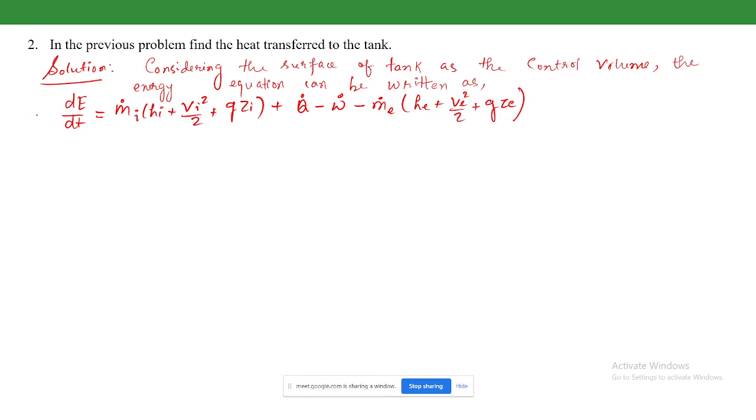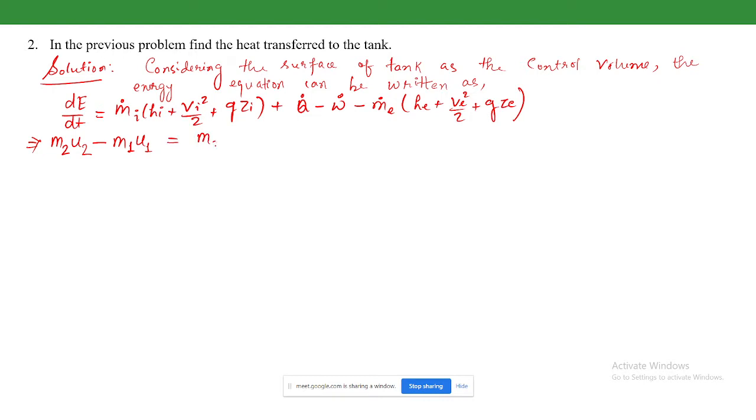Okay, so the rate from both the sides we are cancelling, all the dots, and this dt we are cancelling, and dE, that is the change in the internal energy, can be written as the final mass of the system inside the tank multiplied by the final internal energy minus the initial mass and the initial internal energy.